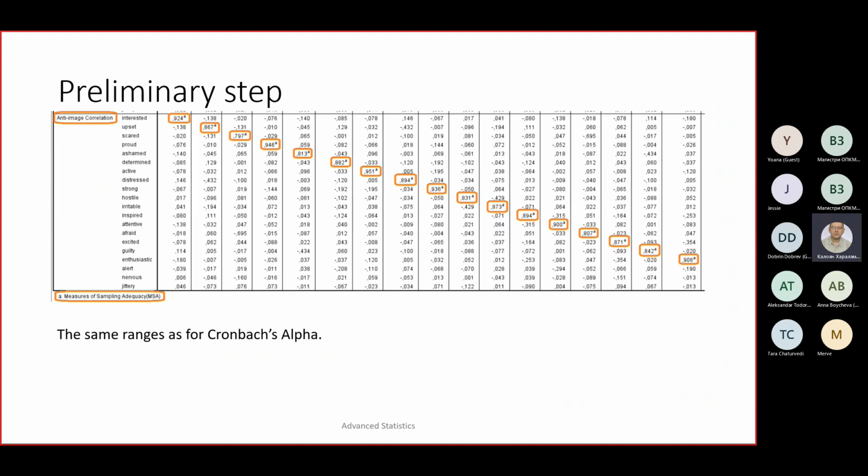After that, in this anti-image correlation, here we have values marked with A, and here there is a footnote, and A means measures of sampling adequacy.